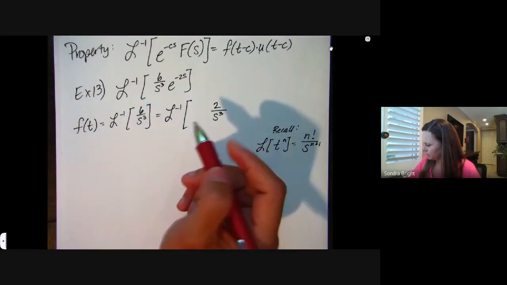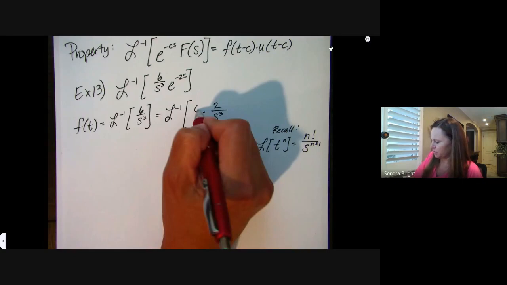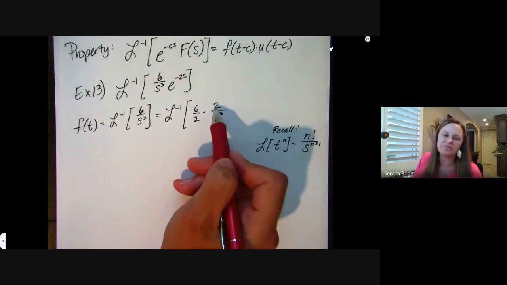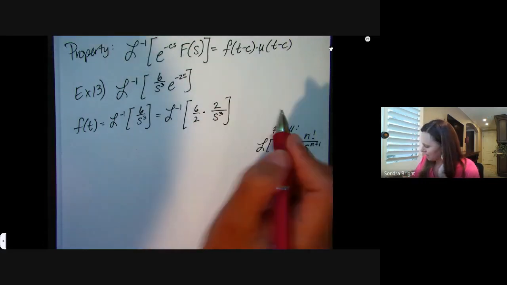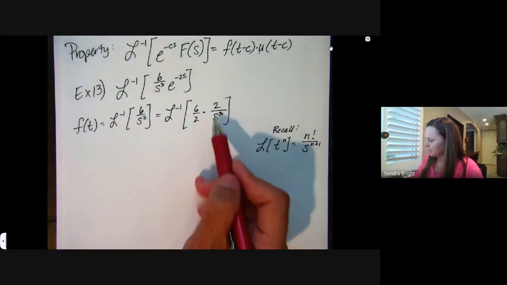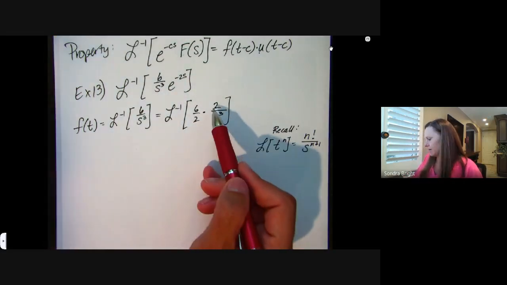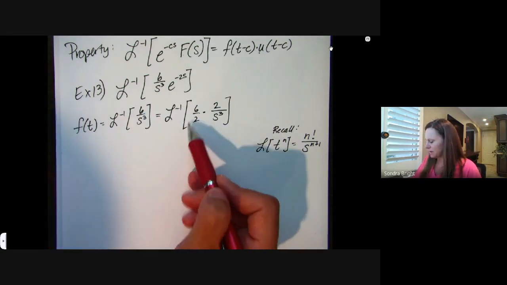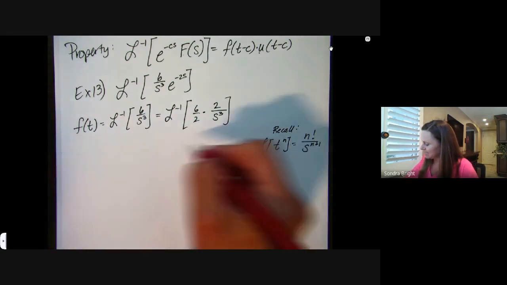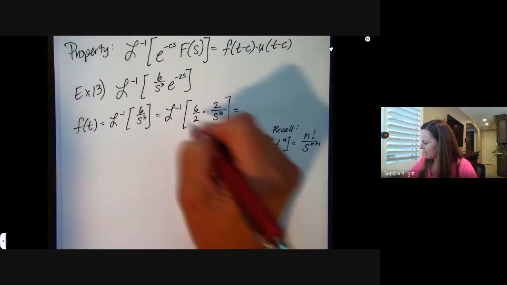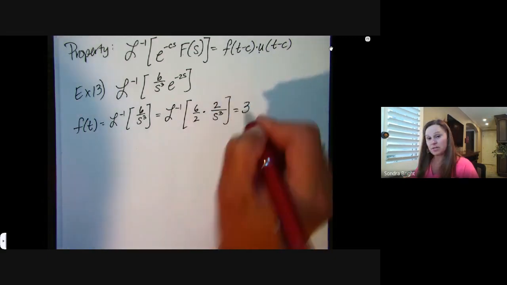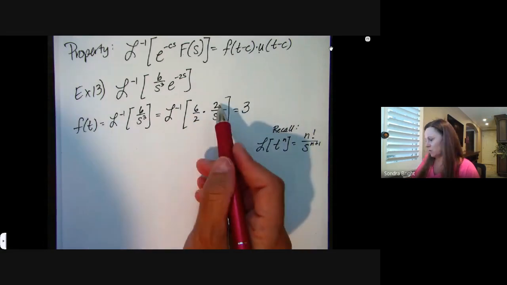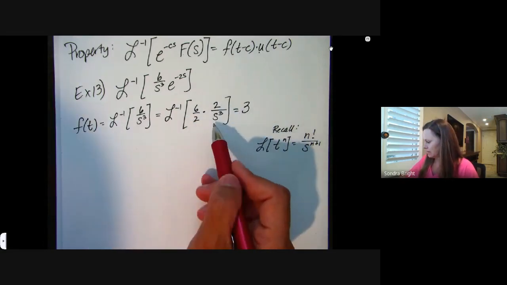So you can just divide by 2, or you could have just factored out a 3. That works too. I was just making it more obvious that I need my pattern of a 2 here, but it's a 6 here, and so it's a 3 that needs to be in front there. And so that means that the inverse Laplace transform of this is 3 times the inverse Laplace transform of 2 over s cubed, which turns out is t squared.